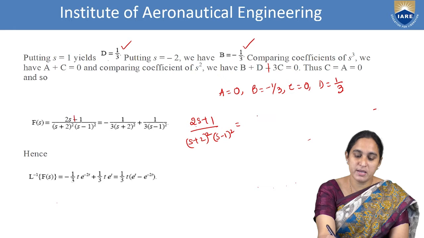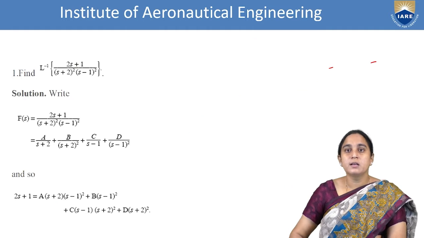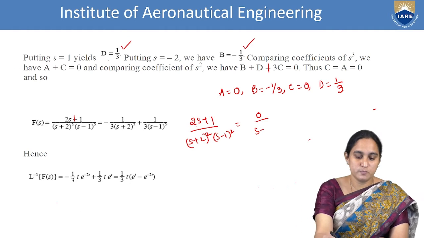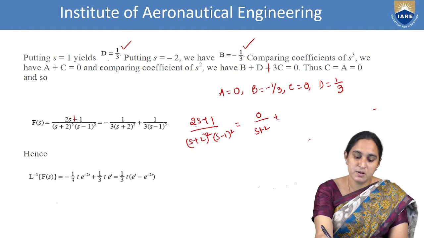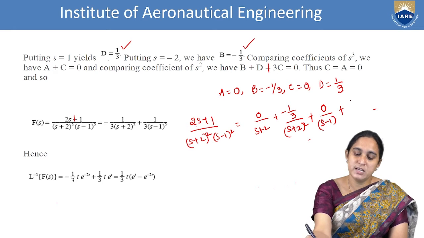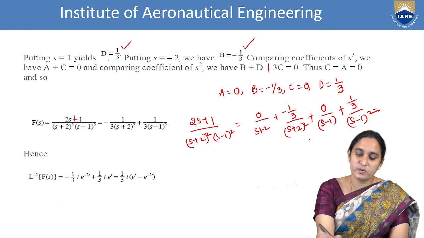That is A by s plus 2, plus B is minus 1 by 3 by s plus 2 whole square, plus C means 0 by s minus 1, plus D means 1 by 3 by s minus 1 whole square.